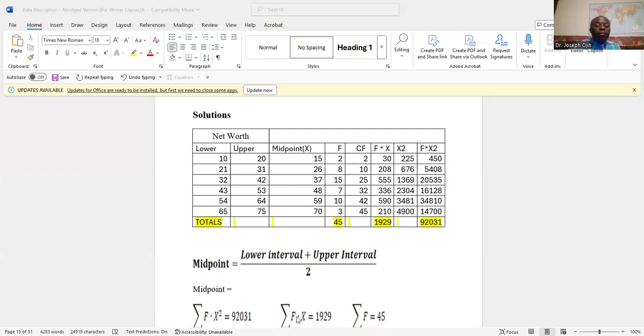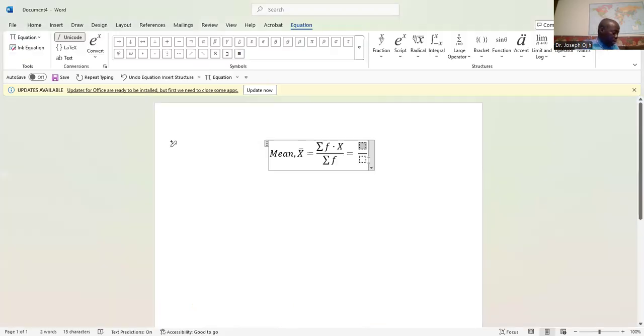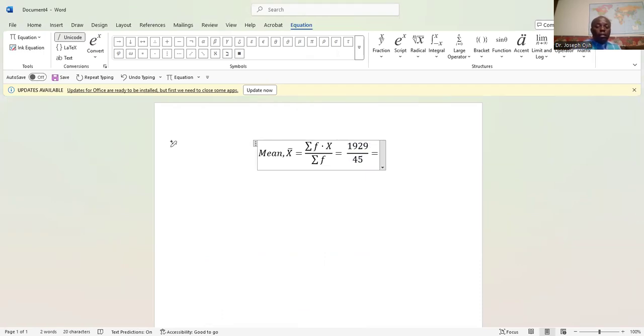1929 divided by 45. You can get this on the calculator.